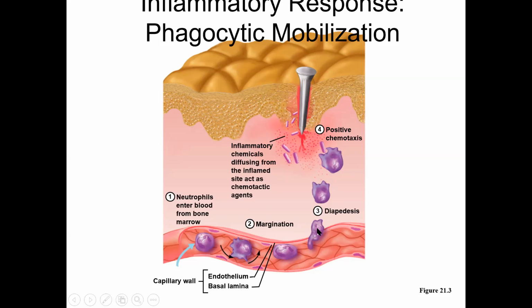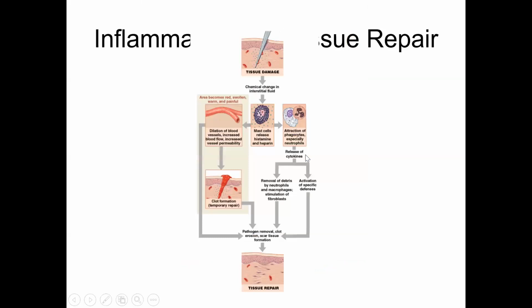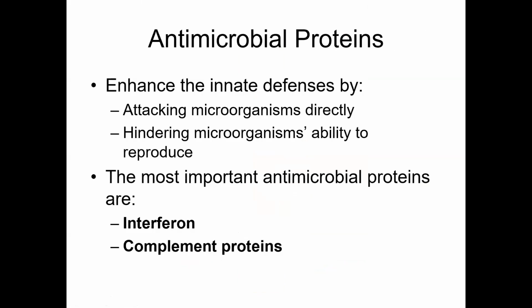This sneaking out process is called diapedesis. Once the phagocytes get to this side, they can start to destroy or take away these abnormal particles. So this is a review slide for inflammatory responses.